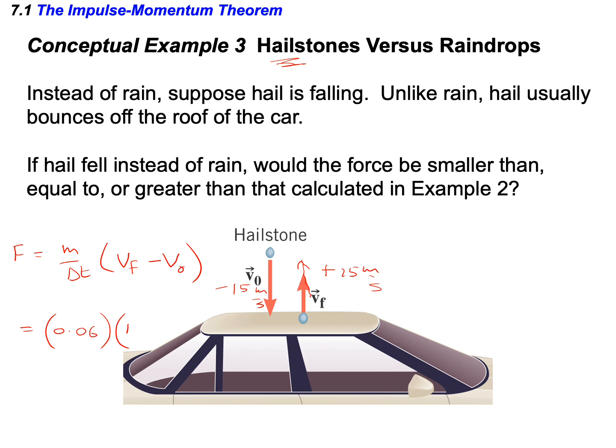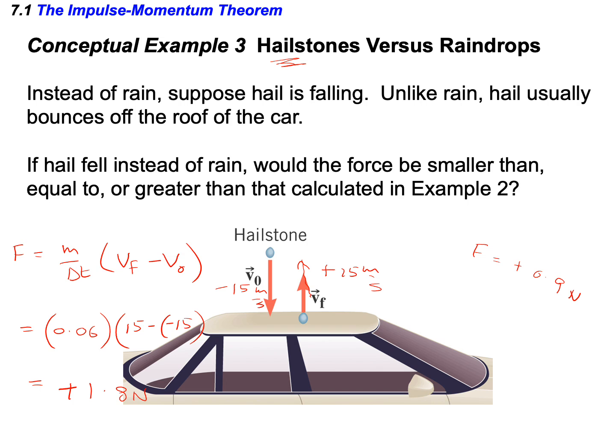V final is 50, minus v initial, which is negative 50. So now your force is double. In the previous example, when the raindrop hit, your force was 0.9 Newton. Now your force is 1.8 Newton.